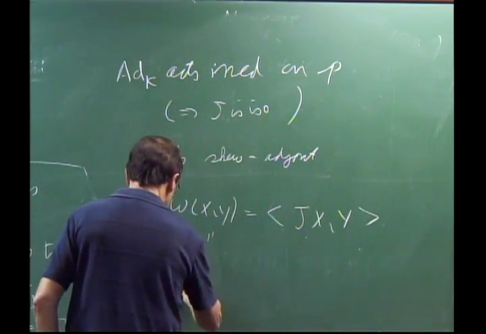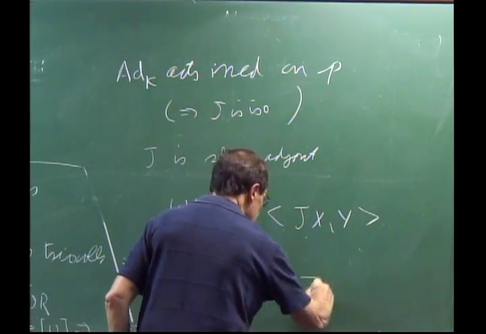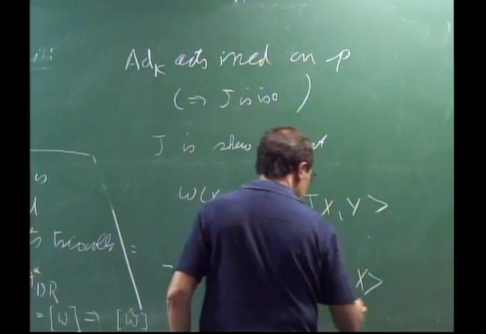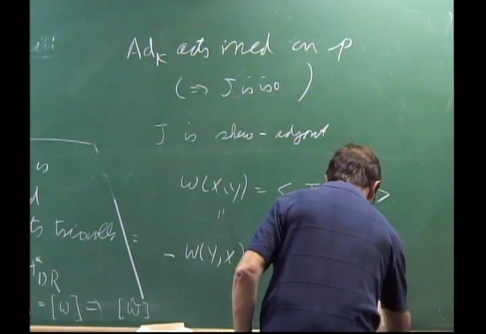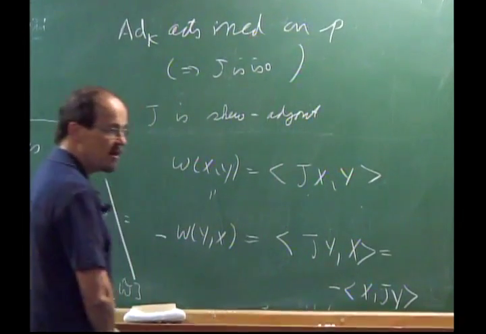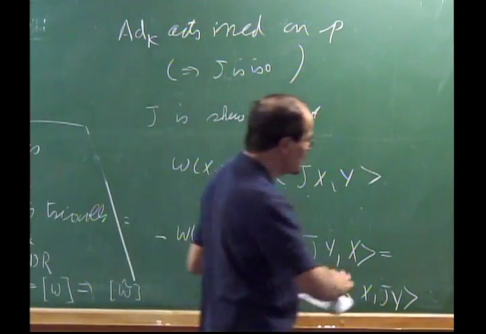That's omega of Y, X. Definition, that's g(JY, X) minus, and that's then minus g(X, JY). So J is a skew-symmetric endomorphism. It's not even orthogonal yet. I don't know that either. But now I can do the following.